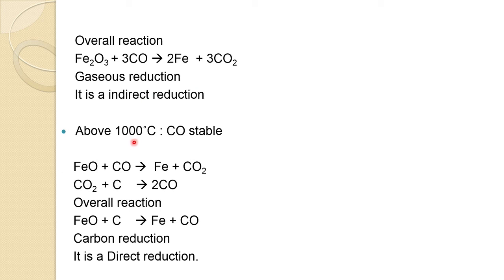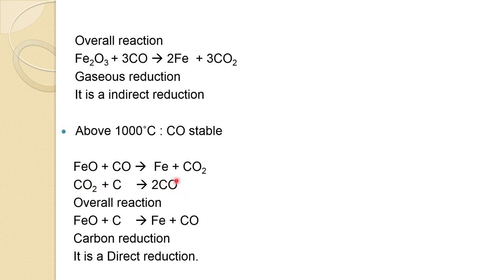But above 1000 degrees Celsius CO is stable, and this CO reduces FeO into iron, and it gasifies the carbon, the gasification or Boudouard reaction, which we discussed before.